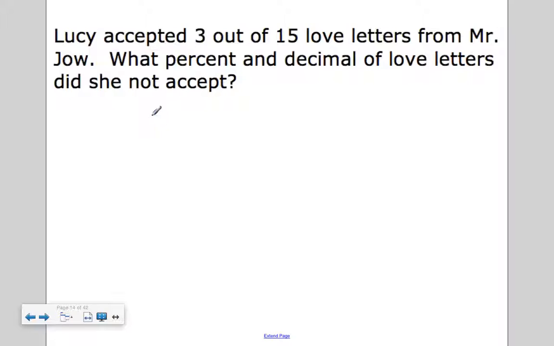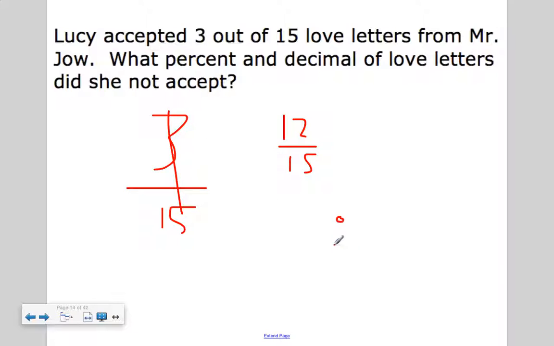Let's try our last example. Lucy accepted 3 out of 15 love letters from me. What percent and decimal of love letters did she not accept? So she did not accept 12 out of 15. So what percent did she not accept? Did she reject me? So can I build this to 100?